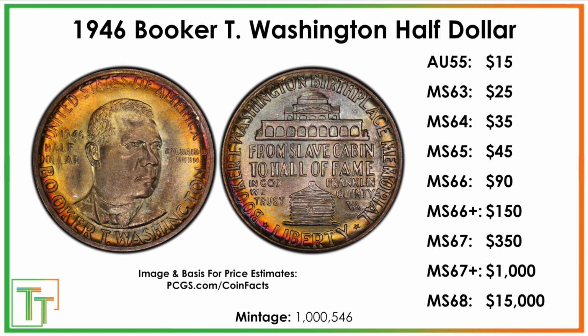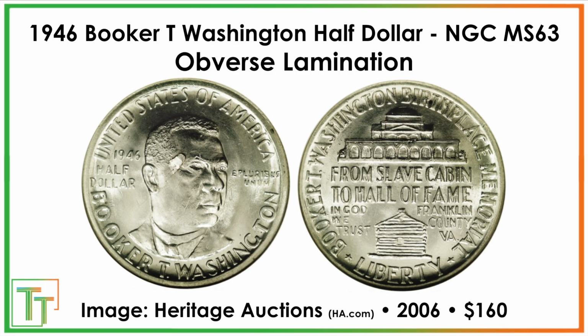It's really going to start to climb in that 66 to 67 jump, and then mint state 68 is quite rare. People did complain that the striking quality was sort of okay. There were often a lot of abrasions and just wasn't the best striking out there, though it was a complicated design.